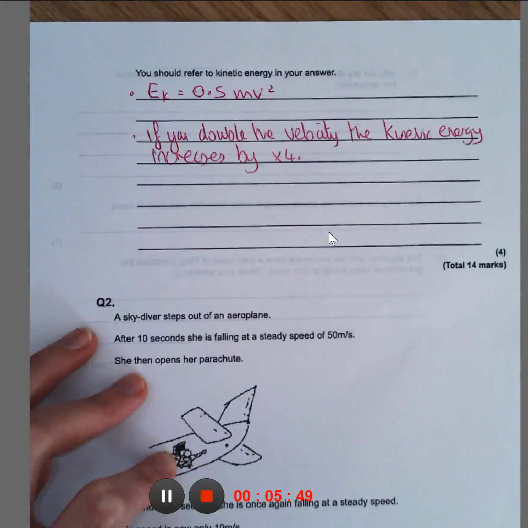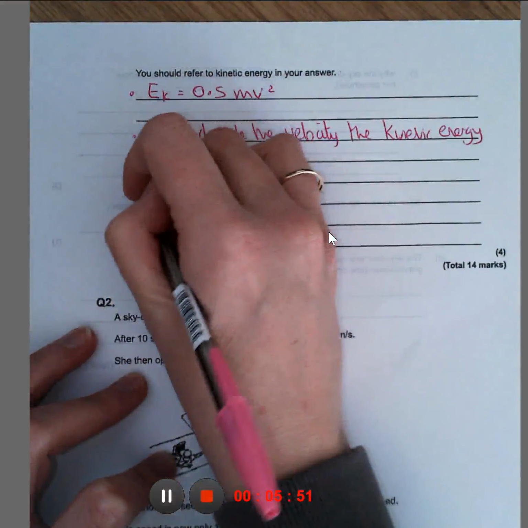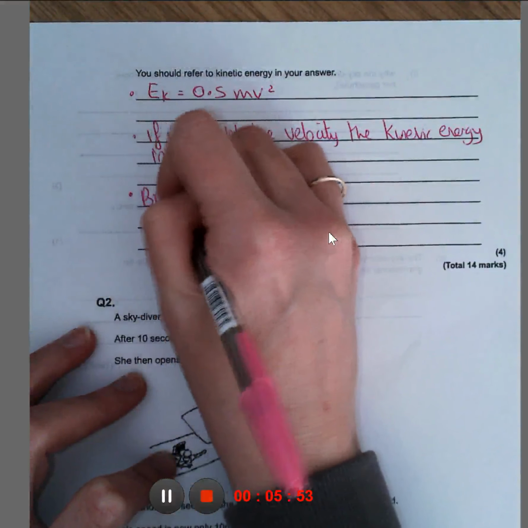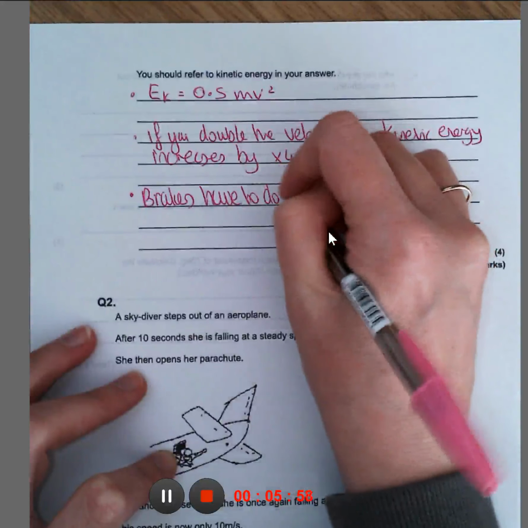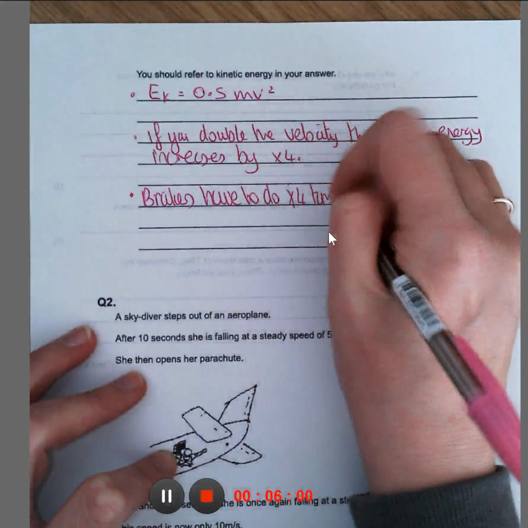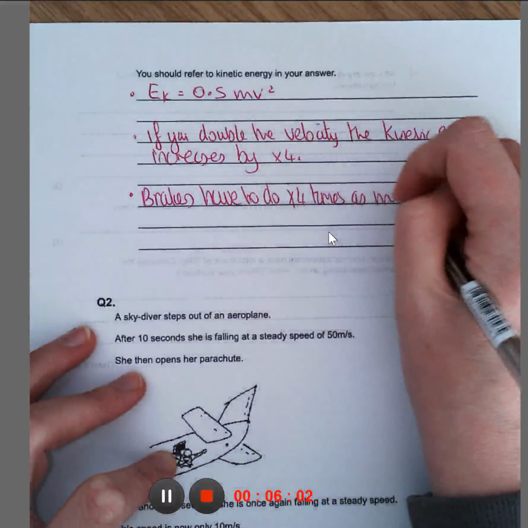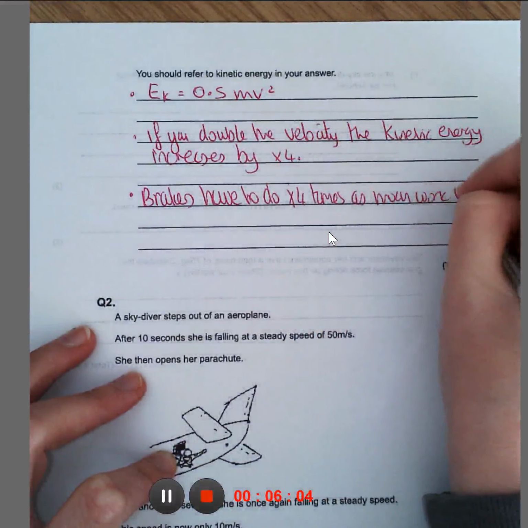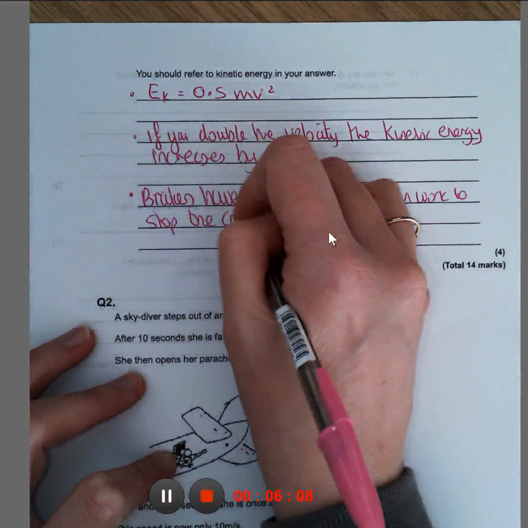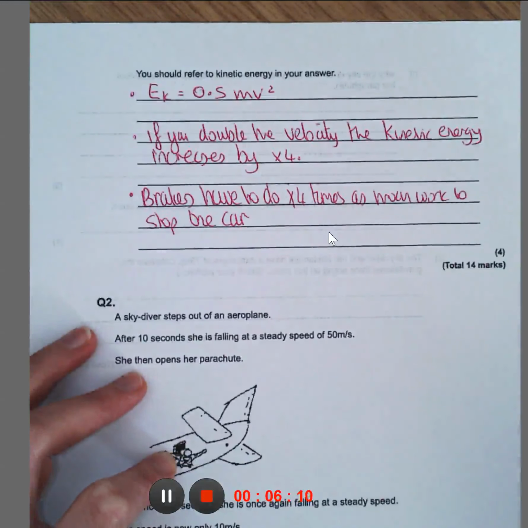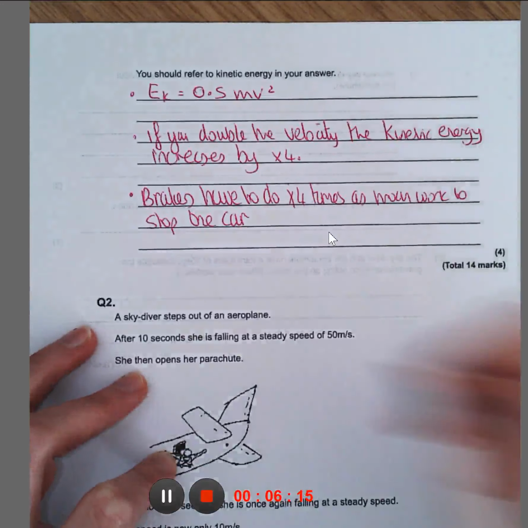So that means the brakes have to do 4 times as much work to stop the car.